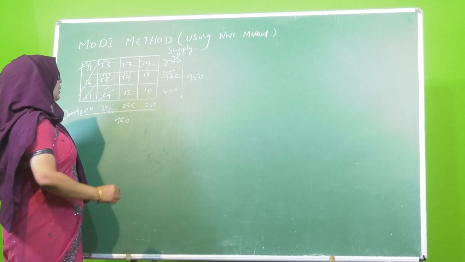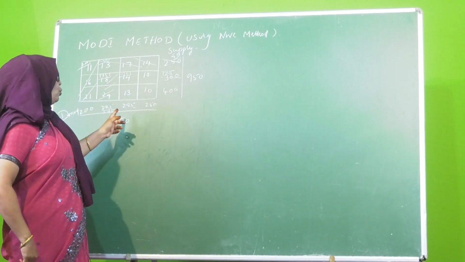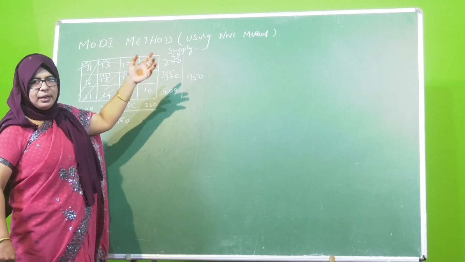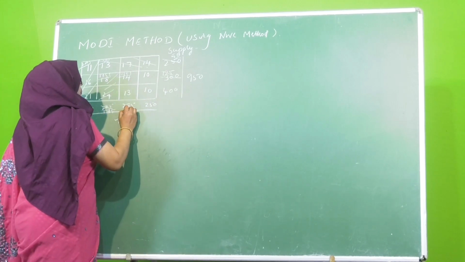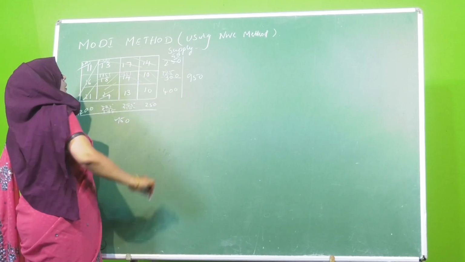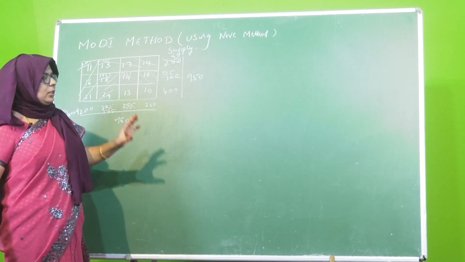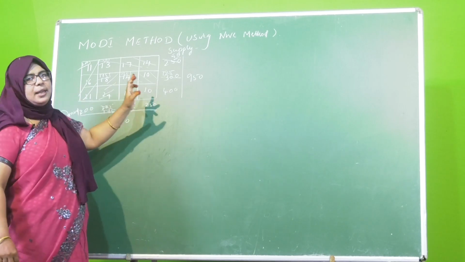So, we subtract 275 minus 125, and we get 150. So, the 125 is allocated and this row vanishes. Remaining only 2 elements, that is 13 and 10.